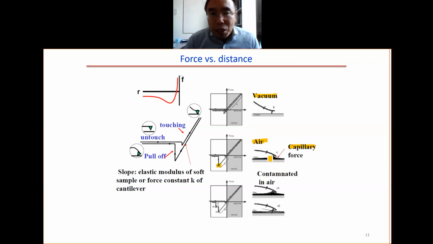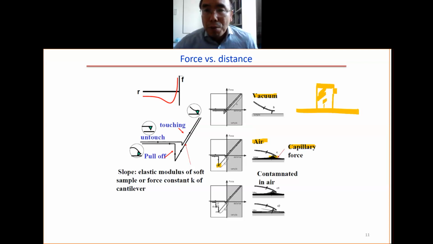So why do we have this liquid on the tip? Well, I think many of you have taken a surface and interface course. If you have a structure like this, which part is easier to get water condensation? If you have learned surface and interface, you see that this part easily gets water condensation. But those parts here have no water condensation.